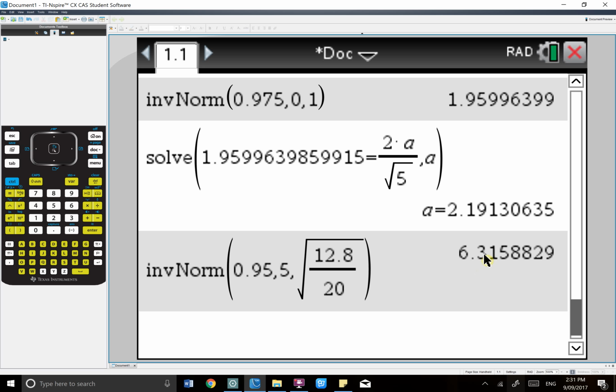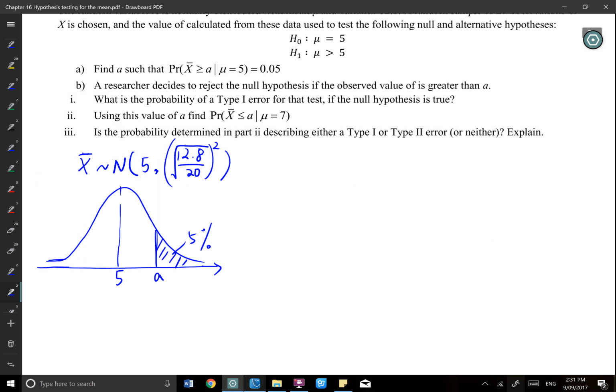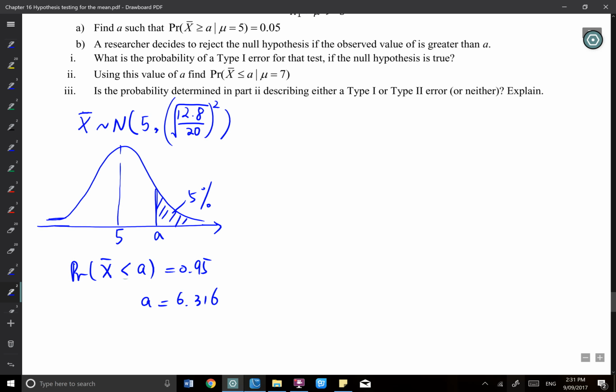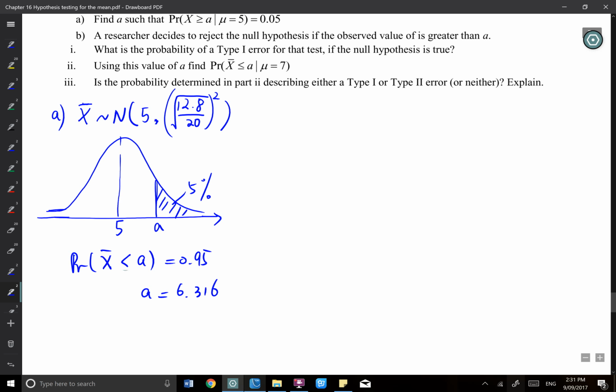That gives 6.316. So using inverse normal, the probability x bar less than A equals 0.95, which gives A equals 6.316. That is A.